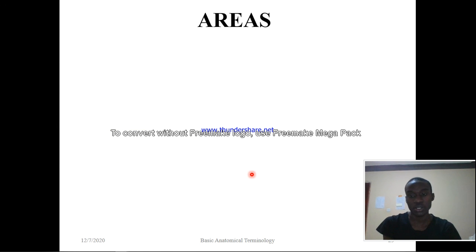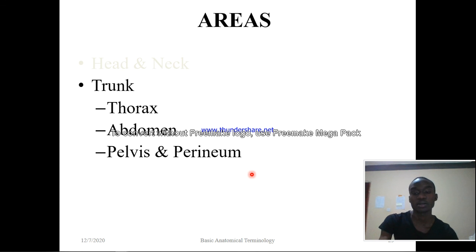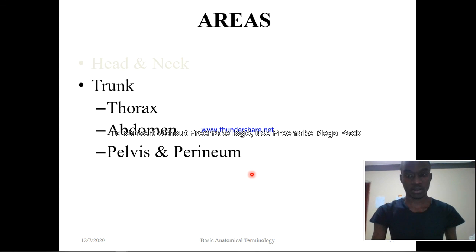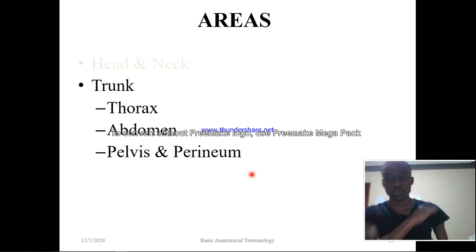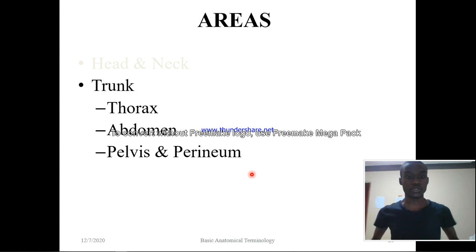That is it with the directional terms we use to direct someone in locating particular body areas. So now let's look at the areas of the body. They are basically three. We have the head and neck area, and we have the trunk, which includes the shoulder blades and the collarbone down towards the pelvic region.